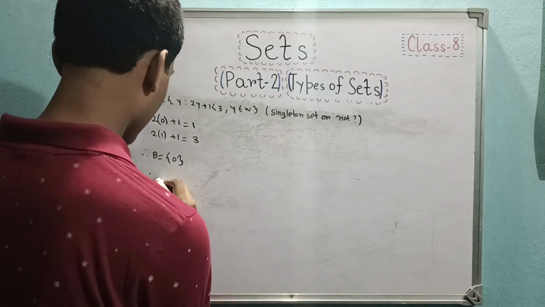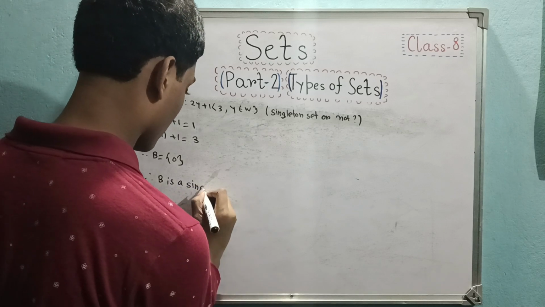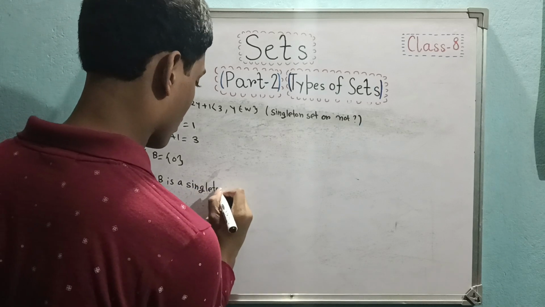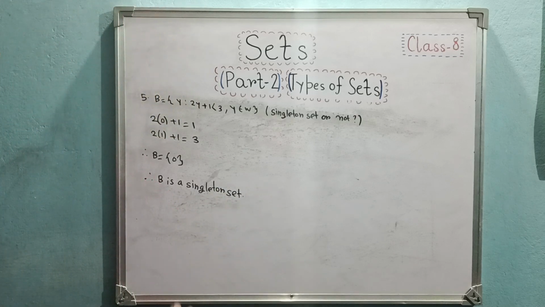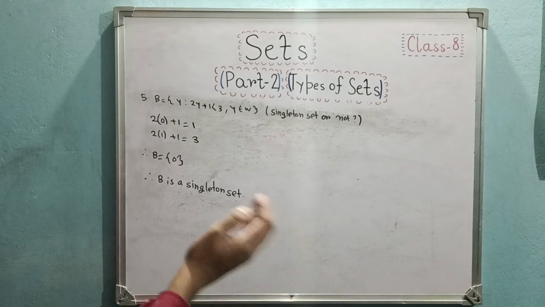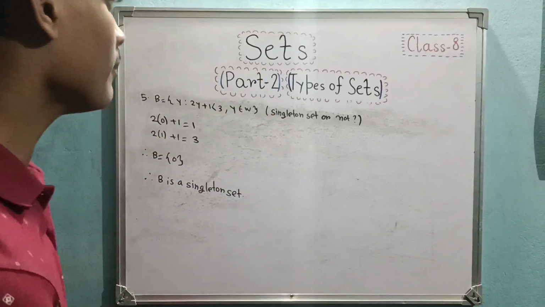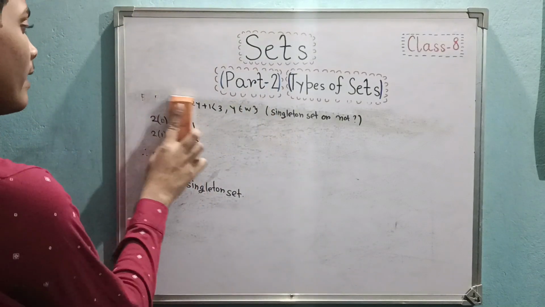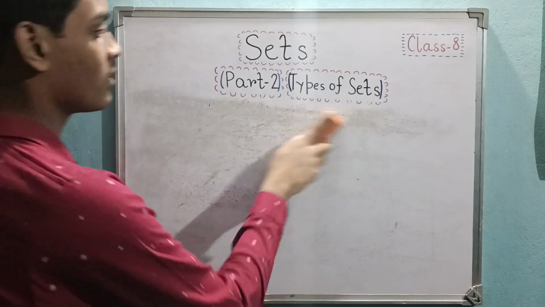Therefore, B is a singleton set. Easy, just figure out how many elements are there. If more than one, not a singleton set. If only one, it is a singleton set. Now you will be asking, what if no elements are there? We are coming to that very soon. That's another type of set actually.